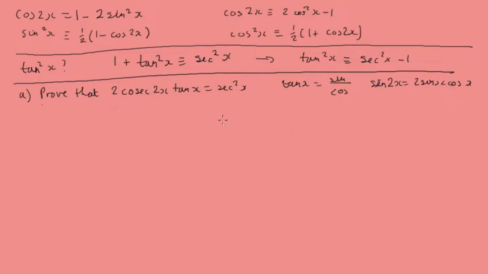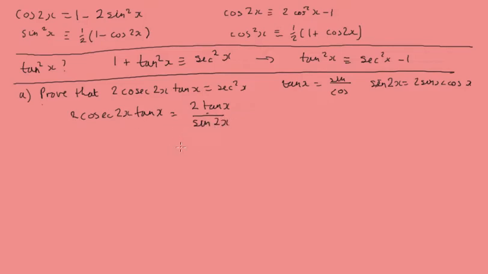So let's look at this 2 cosec 2x tan x. We've got our 2 and our tan here, and cosec is the inverse of sine, so that's going to give us sine 2x here.